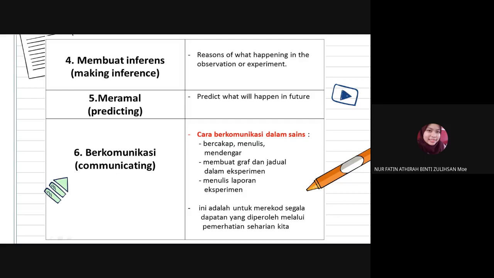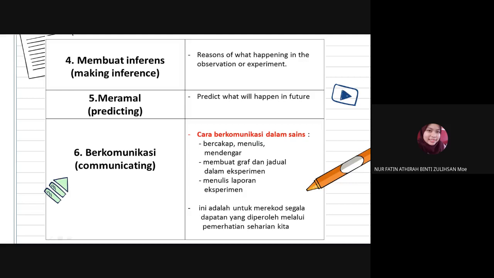Number three, measuring and using numbers: in an experiment, whenever you use a ruler to measure things, you are using this skill, anything related to numbers.